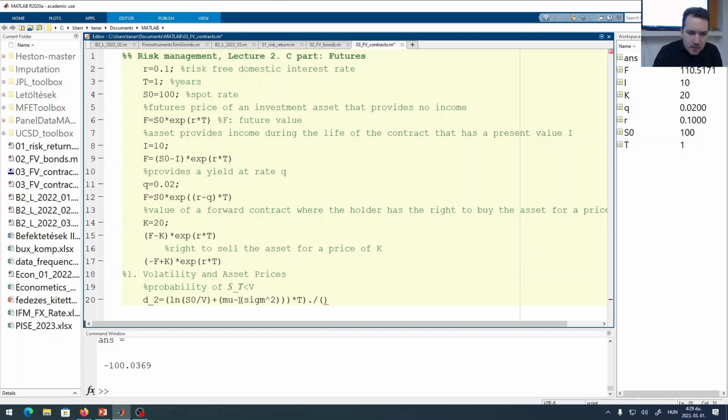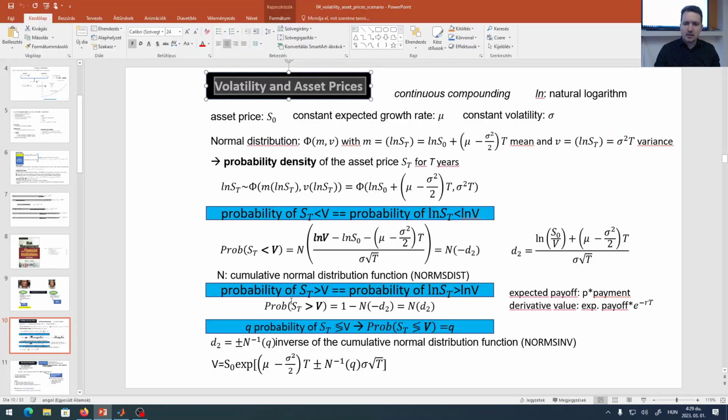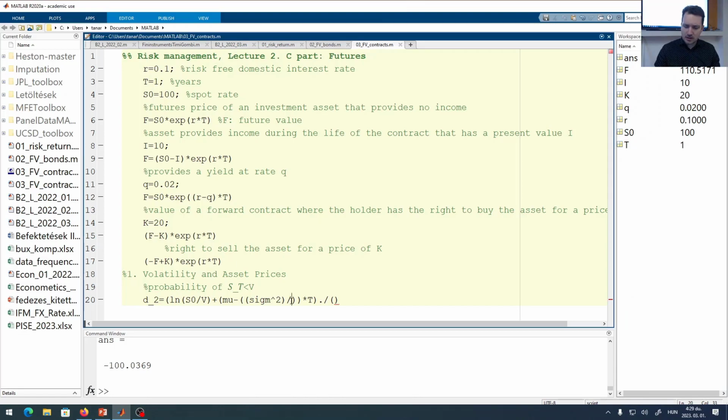I never prefer it, so if we have one operator here, then okay, and divided by 2 sigma.